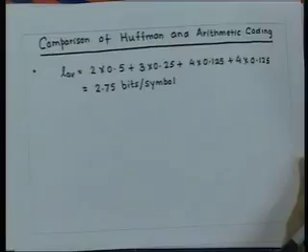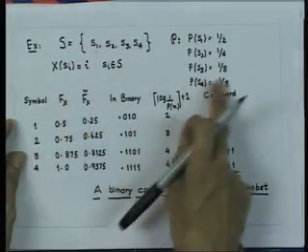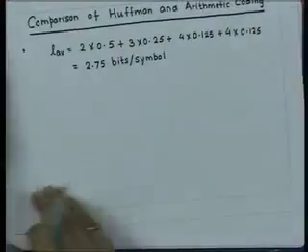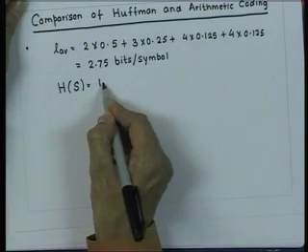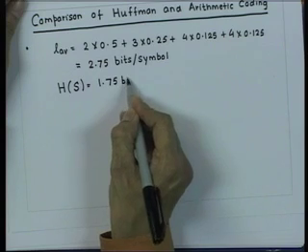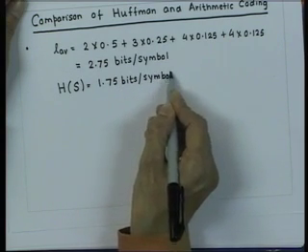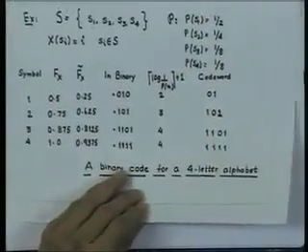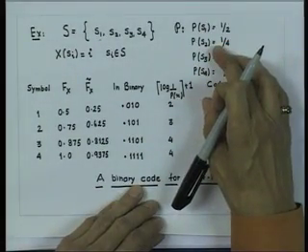And entropy for this source is 1.75 bits per symbol, and because this is a dyadic source, Huffman code is able to achieve this entropy.